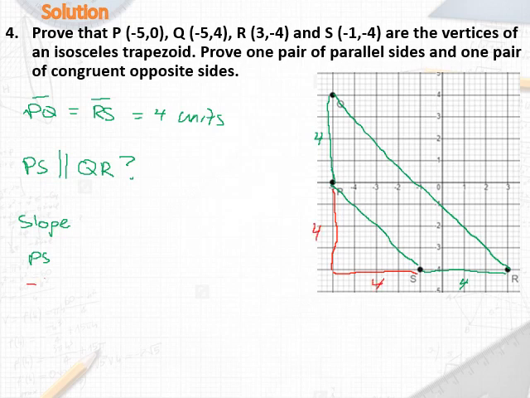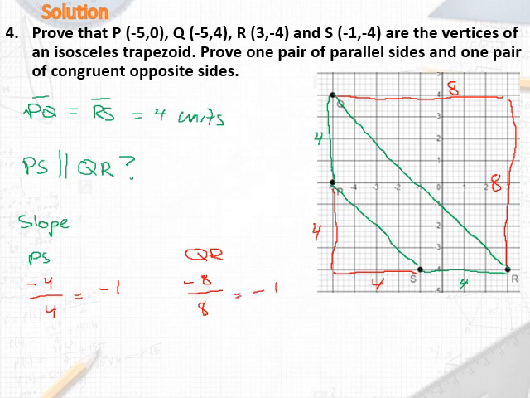So this is down 4 over 4, which is a slope of -1 when we simplify. And then Q to R. So let's see, we go from -5 to 3, that's 8 units. And we go from 4 down to -4, also 8 units. So QR is -8 over 8, which also simplifies to -1.